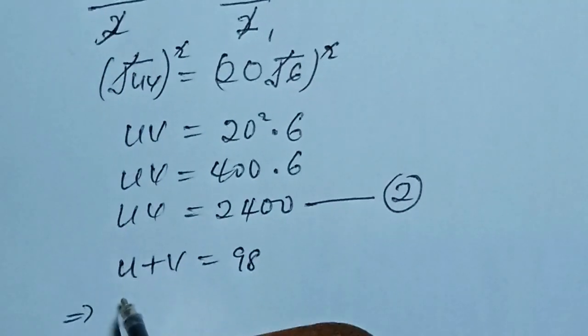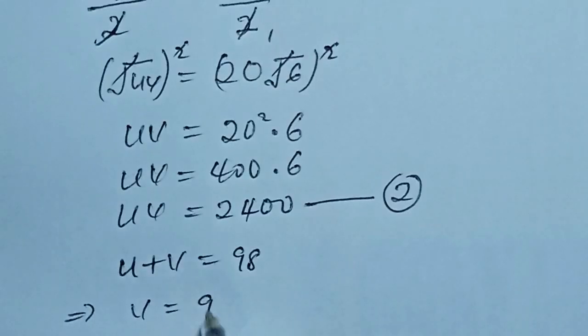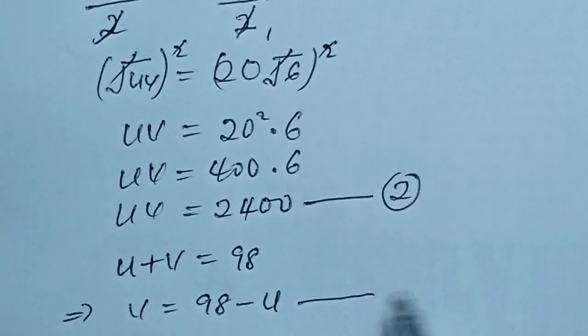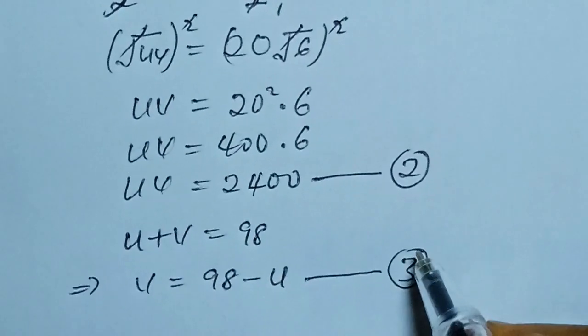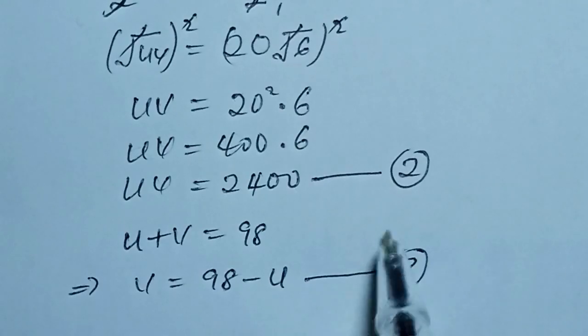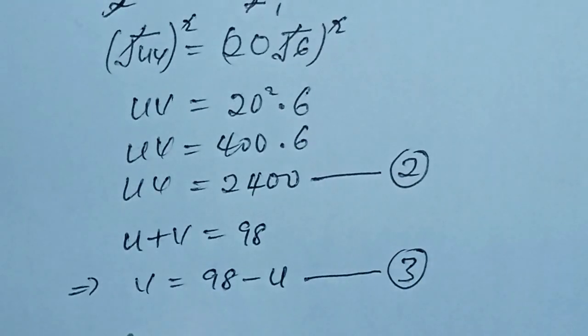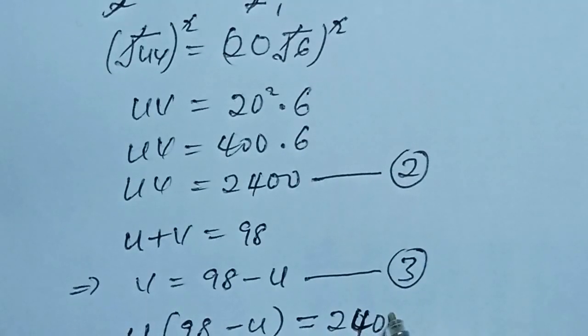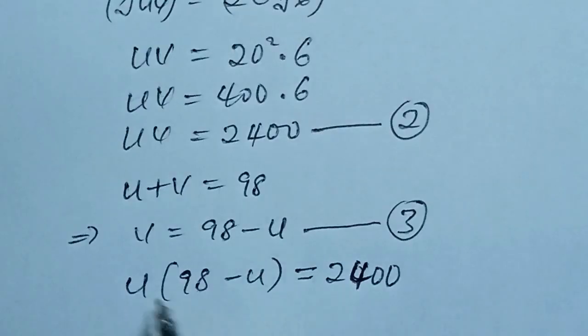Then this implies that v will now be equal to 98 minus u, which we name equation 3. We substitute equation 3 into equation 2. So we have u into 98 minus u, close the bracket, is equal to 2400. We multiply u to open the bracket.